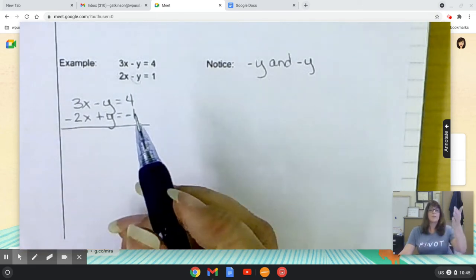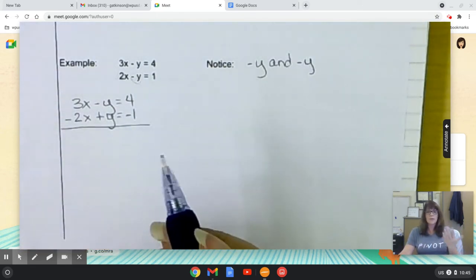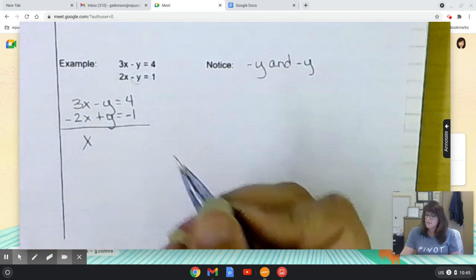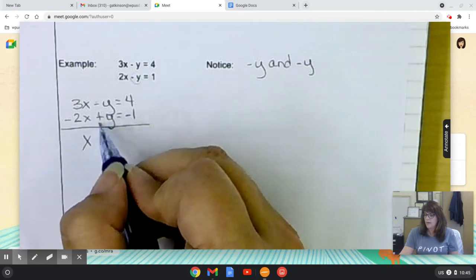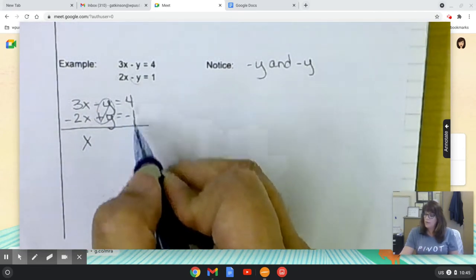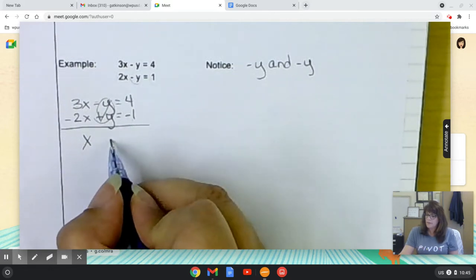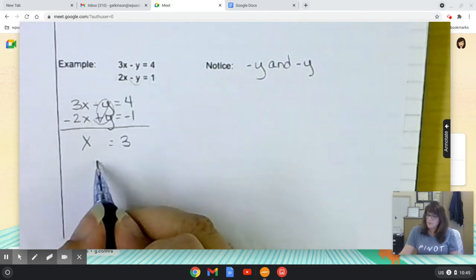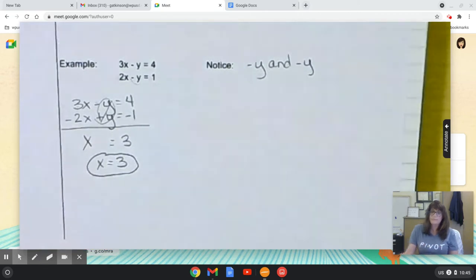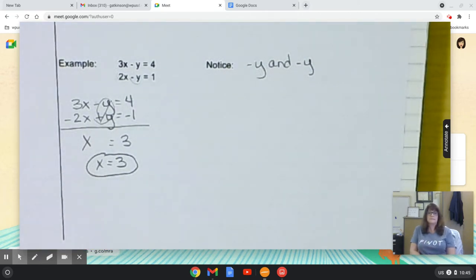Now I'm just going to combine like terms to eliminate. 3x minus 2x is x. Negative y and y cancel out. 4 and negative 1 are 3. So x equals 3. That's it.